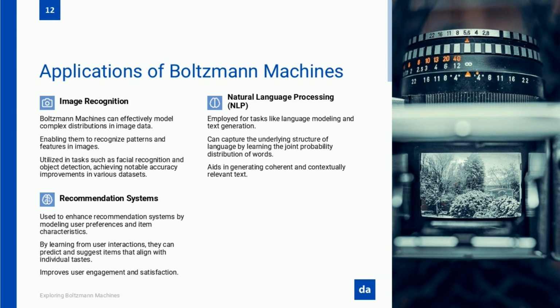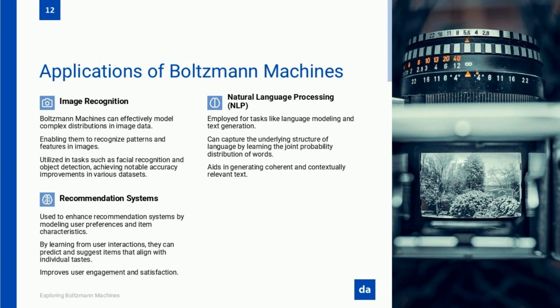Restricted Boltzmann machines, RBMs in particular, were used in deep belief networks, DBNs, to extract meaningful features from images before deep convolutional networks took over. While they are no longer the preferred choice, they laid the groundwork for modern deep learning techniques used in facial recognition, object detection, and medical imaging analysis.